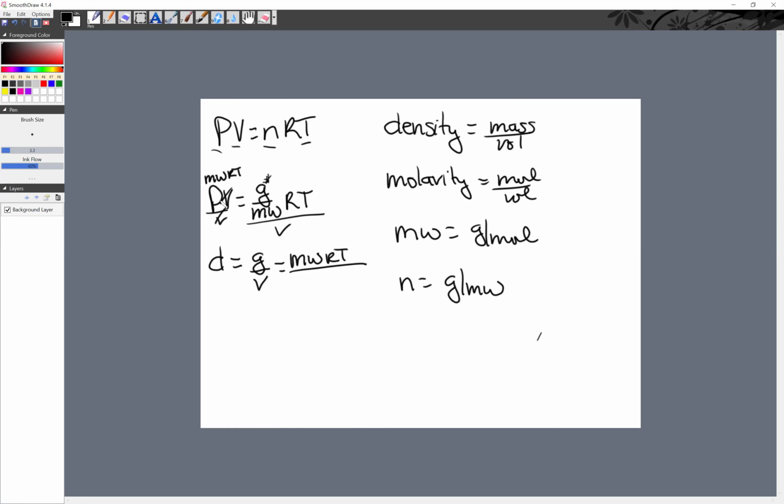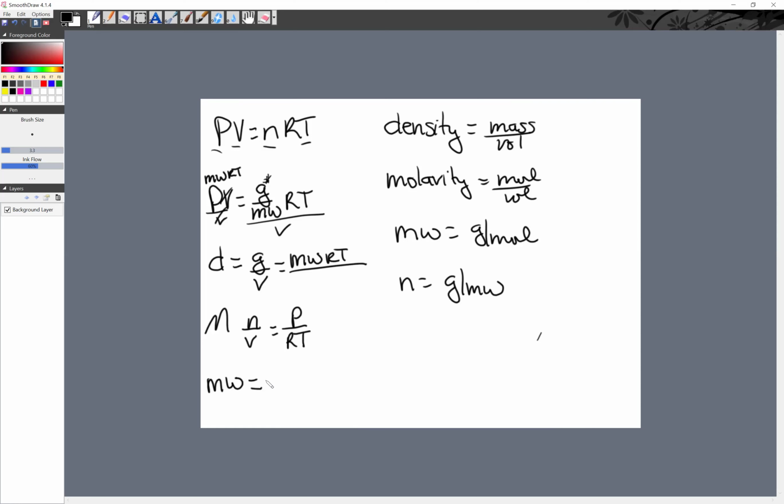All right, my molecular weight goes up, my volume goes down, my RT goes up. Yep, that looks right. All right, so I can also solve for density, or I could solve for molarity, which is n over V, which would be P divided by RT. And I could also find my molecular weight.